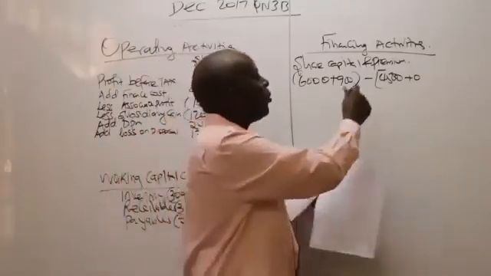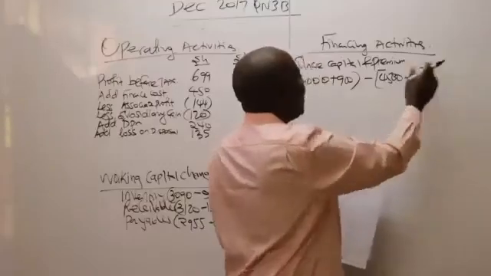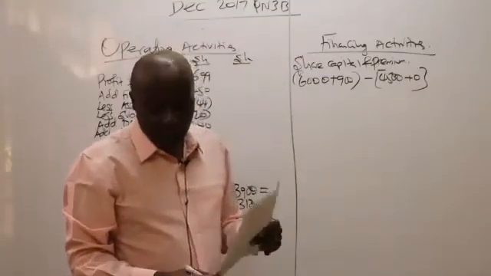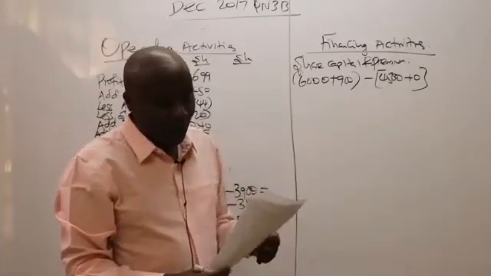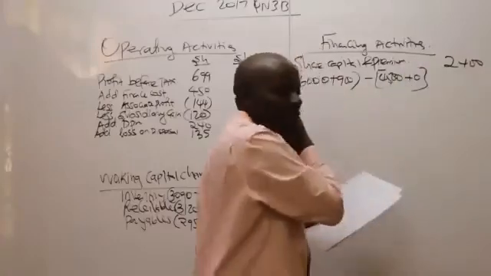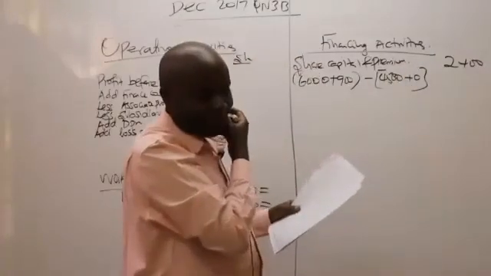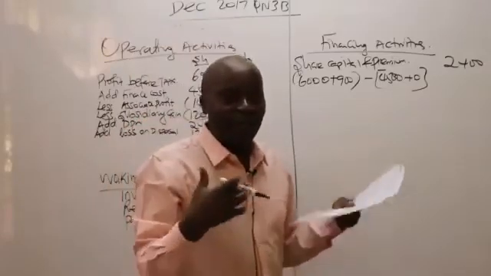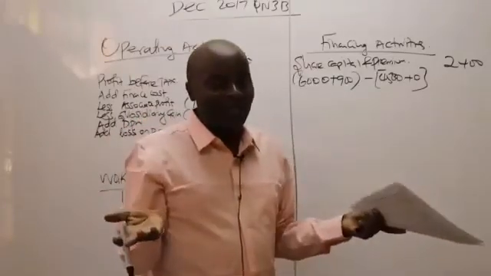So that is enough. Give me the figure, what does it come to, somebody? 2,400. So is it cash, is it positive or negative? If it is positive, what does it mean? We received money. So you must have issued new shares.